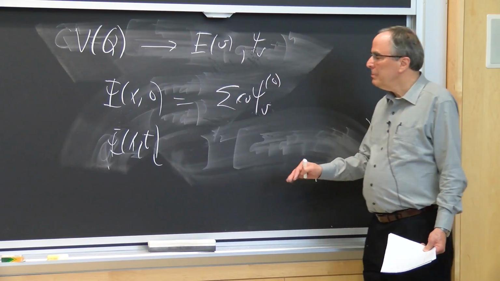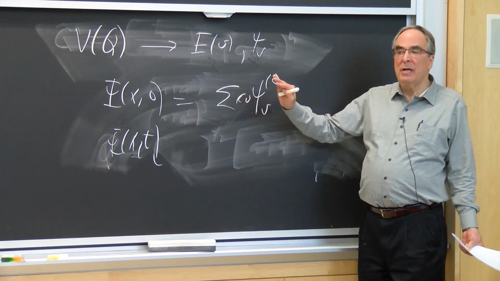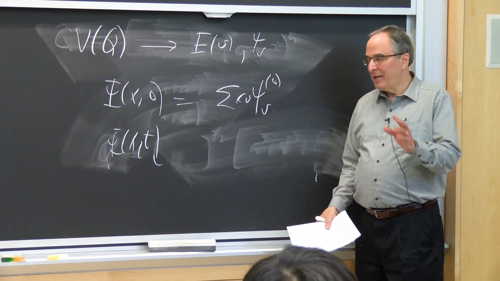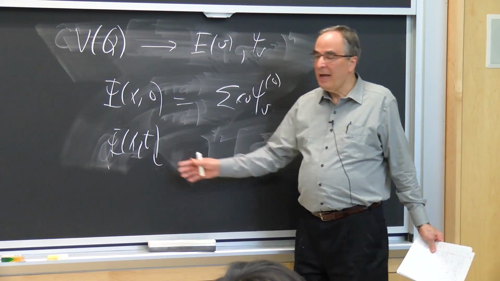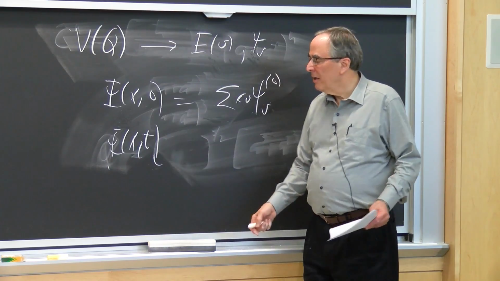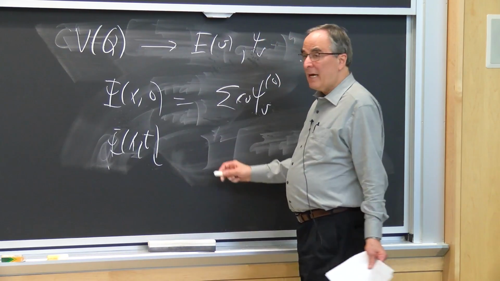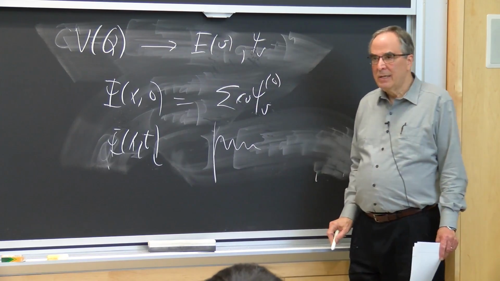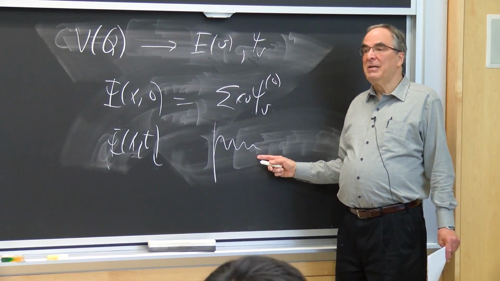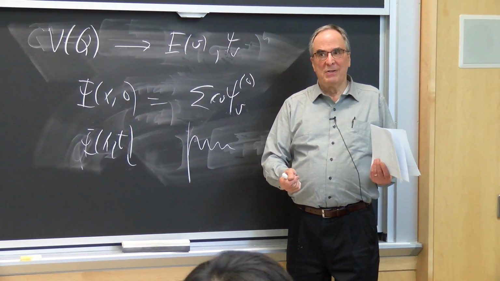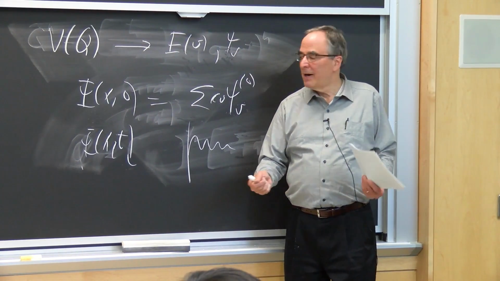So perturbation theory enables you to say, if I want to work in the time domain, I know what to do. In the time domain, you're going to get a signal that oscillates at frequencies corresponding to energy level differences divided by h bar.